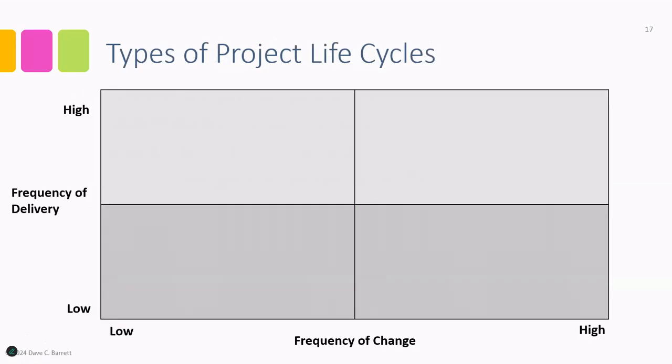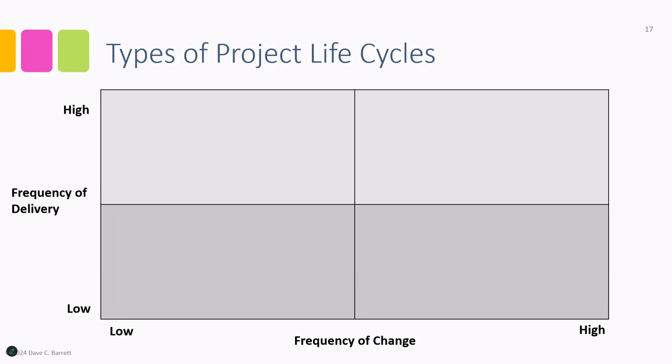Now, there are different types of project life cycles. If we take the idea of life cycles and combine that with the different types of project management, we can see that there are different types of project life cycles. So let's look at this in this 2x2 matrix. On the horizontal axis, we have the frequency of change.